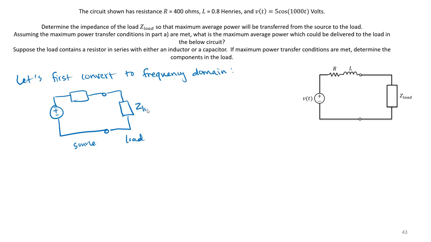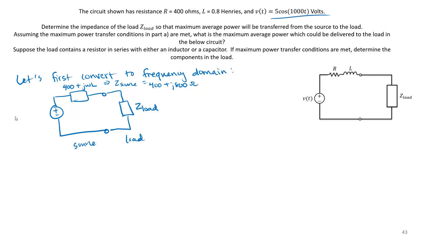We don't know what Z load is just yet. We know the impedance of our source will just be equal to our resistance, which is 400 ohms, plus j omega L to give us the impedance of our inductor. L is 0.8 henries, so therefore the impedance of our source is just 400 plus j800 ohms.